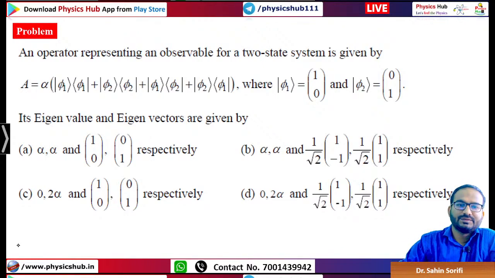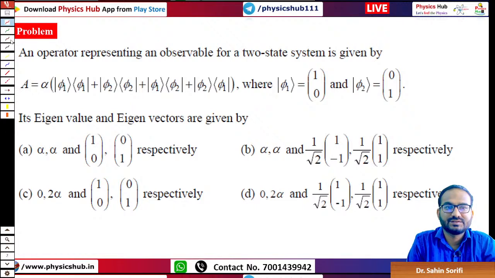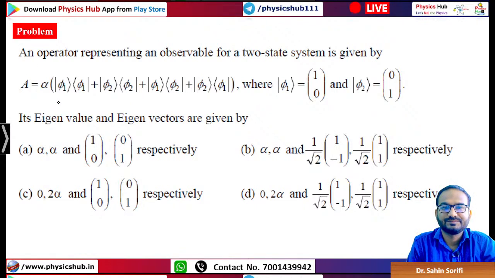Look at this problem. An operator representing an observable for a two-state system is given by this. A is equal to alpha times the sum of products of ket and bra. Phi 1 is given to you, it is a ket, a column vector. Phi 2 is another ket, also a column vector.